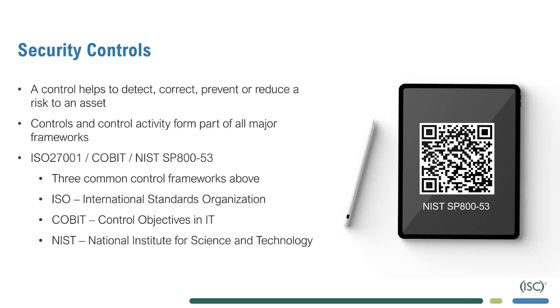NIST, the National Institute for Science and Technology, is the US-based organization that provides 2 really important sets of documents. The Special Publications, SP, the Special Publications in the 800 series, and also they produce the Federal Information Processing Standards, FIPS.